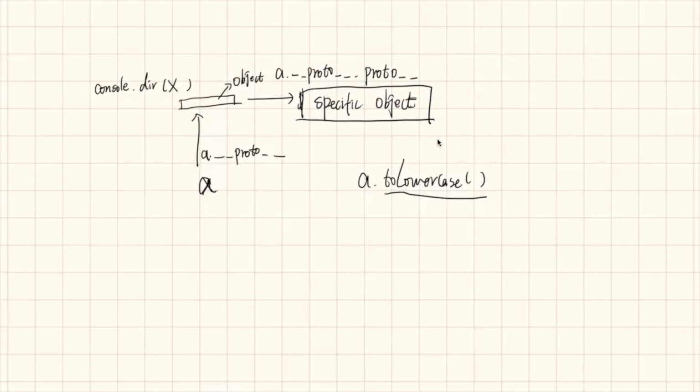So does it also have its __proto__? Actually, no, because it's already the specific object, and everything will be exactly the same. So once we get to this specific object, the inheritance chain comes to an end. The end of the inheritance chain is this specific object.